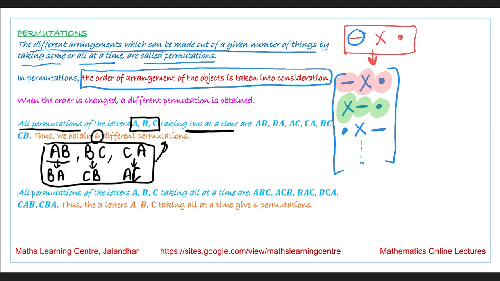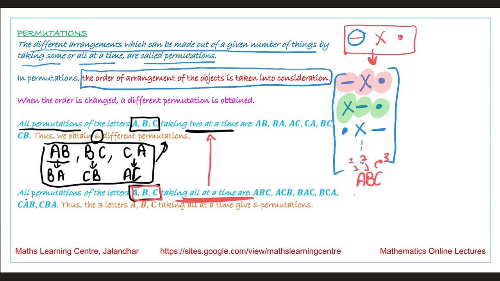Next we are seeing all permutations of the letters A, B, C. Again same letters we are talking about, A, B, C. Now the difference is we are taking all of them at a time. Over here we said 2 were taken at a time. Now all of them are taken at a time. So we can make the permutation A, B, C, that is A is chosen first, B at second place and C at third place.